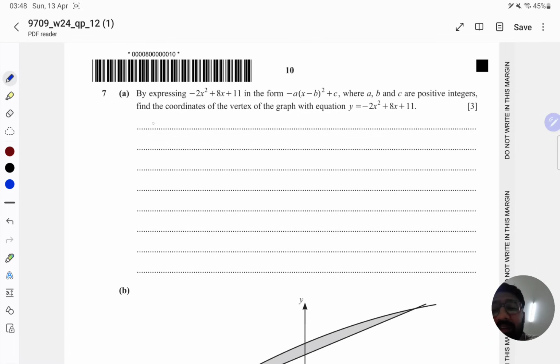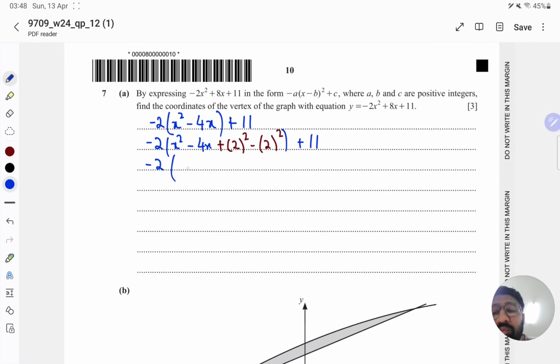So the first step is to take minus 2 common. We will have x square minus 4x plus 11. So minus 2 bracket x square minus 4x, the half of 4 is plus 2 whole square minus 2 whole square plus 11.